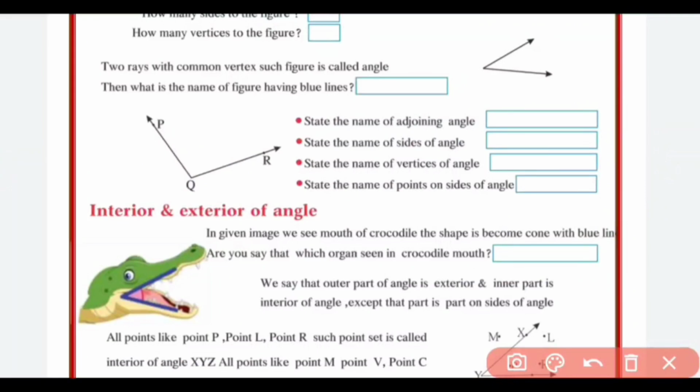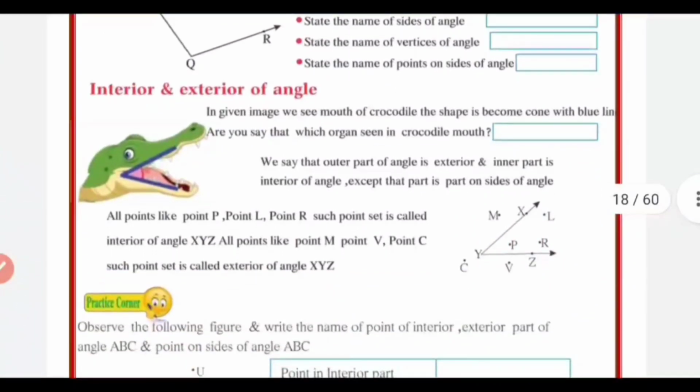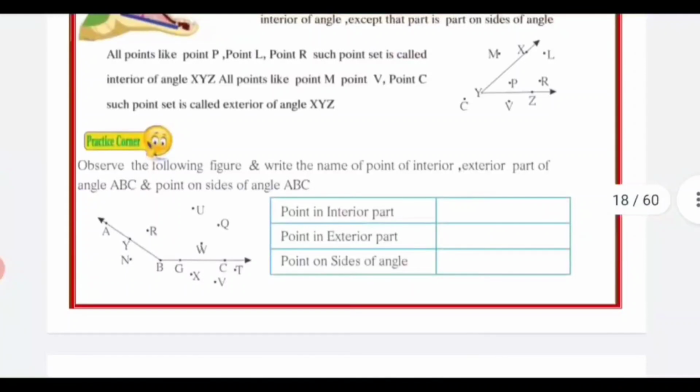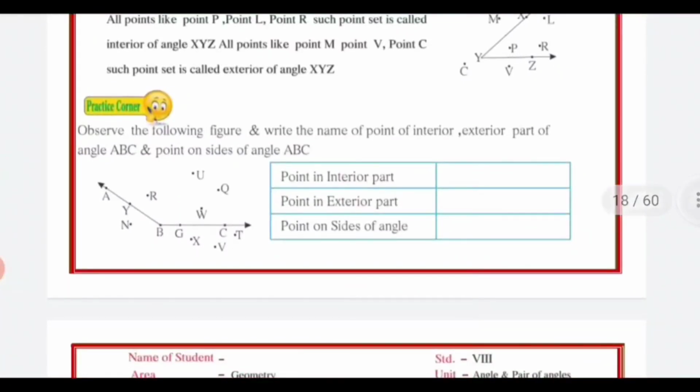So you have to keep on reading this concept corner and make yourself understand. Now here we have been given one figure in the practice corner, and we have to write the names of points which are in the interior part of the angle, the exterior part of the angle, and on the side of the angle.